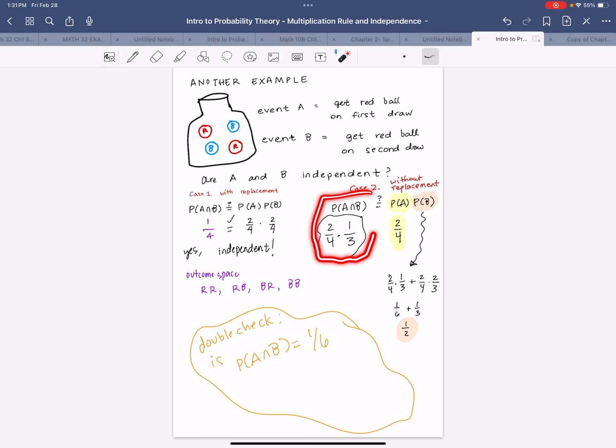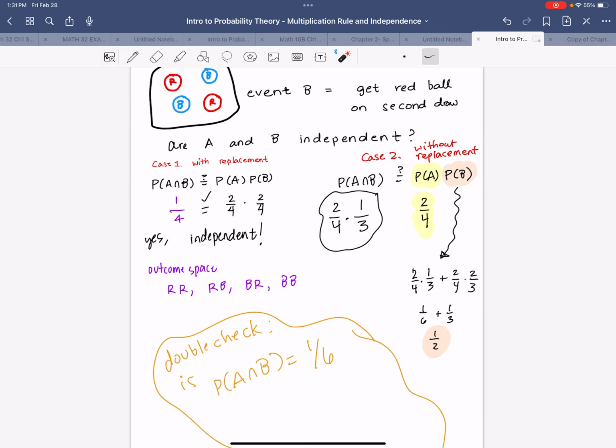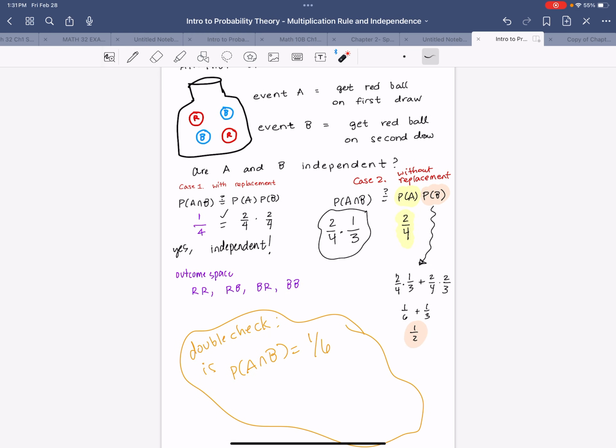And then here's where I started to doubt myself. I said, okay, well, what about the probability that you get a red ball on the first and the second draw when you're dealing without replacement? And here I said, hey, I need to double check and verify, is it really going to be 1/6?